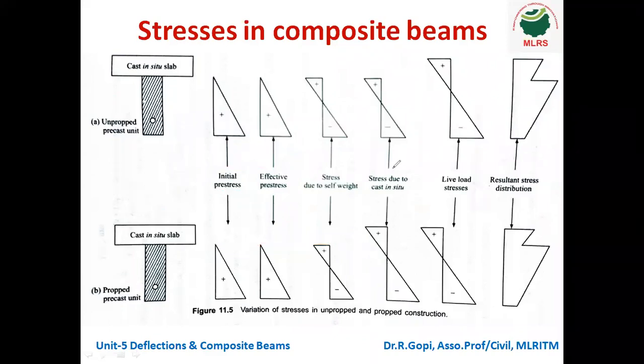Okay, next, stress due to self height. Stress due to self height acts on the pre-stressed concrete beam only. Next, stress due to cast in situ slab. As I already told, in the propped condition this cast in situ slab and its self height are directly taken by the prop.